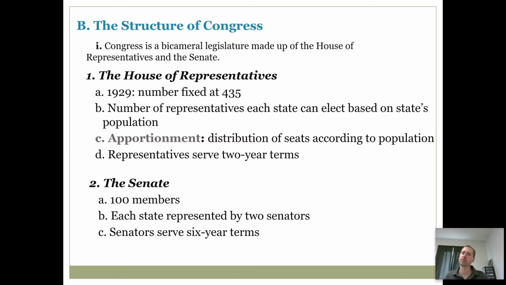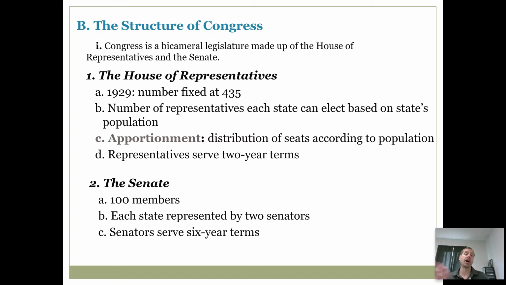We know the House is based on population. Well, what happens if one state grows? Do we just add 436 or 437? No. What we do is every 10 years, through the census, we take those 435 seats and re-divvy them up. So Missouri right now has 8 members in the House.